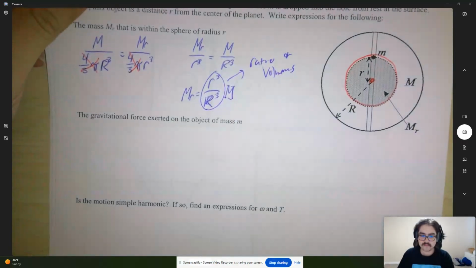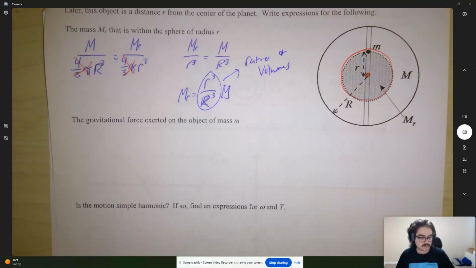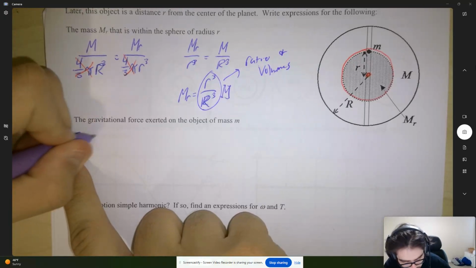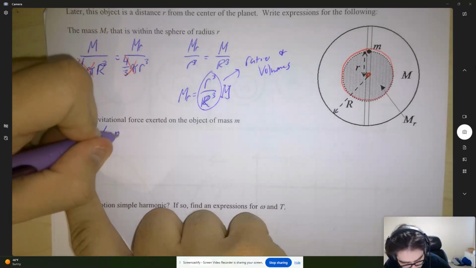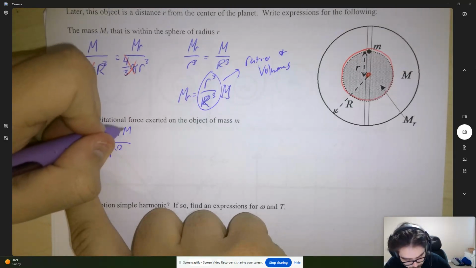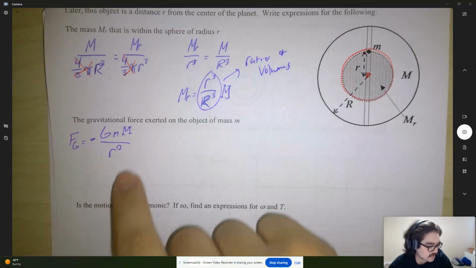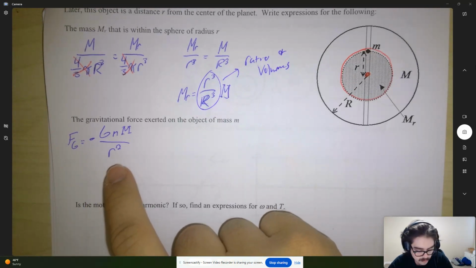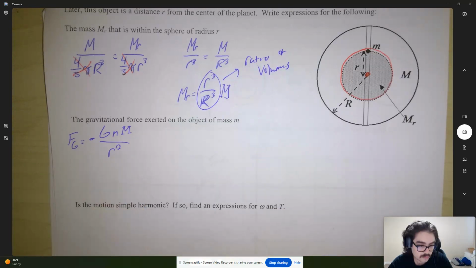To find the gravitational force exerted on the object, all I've got to do is use my gravitational force equation: F sub g equals negative G little m big M over r squared. When I do this, I actually have to use my radius little r.